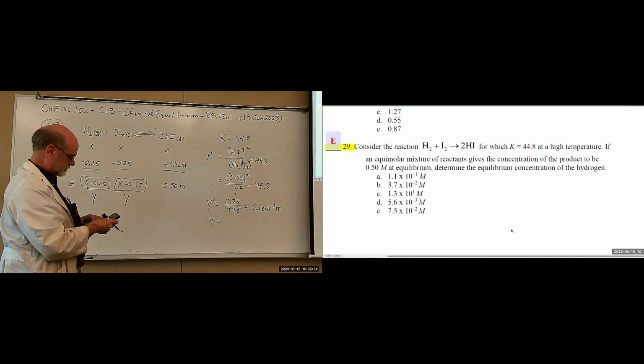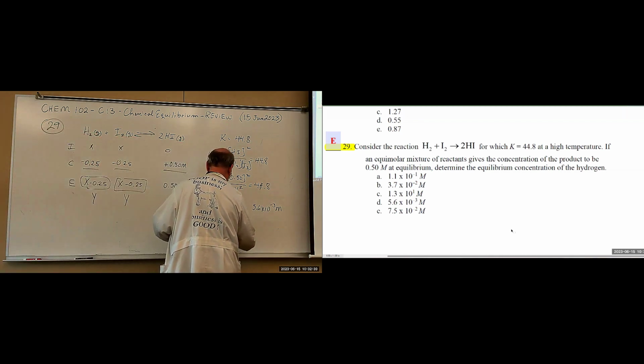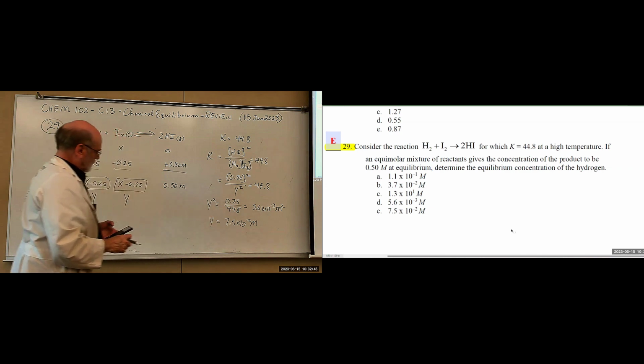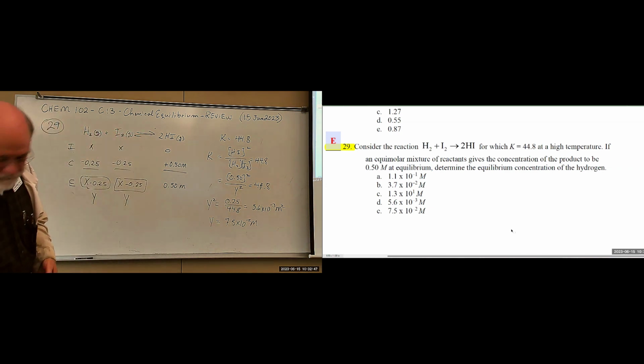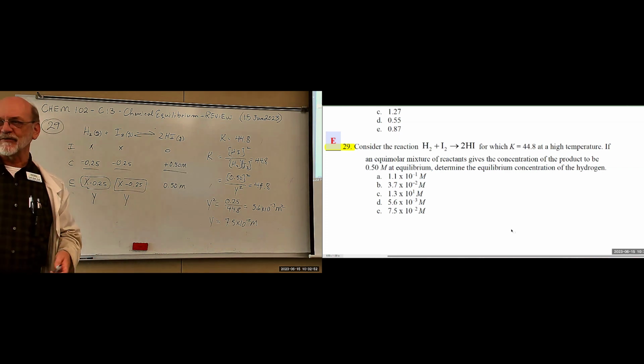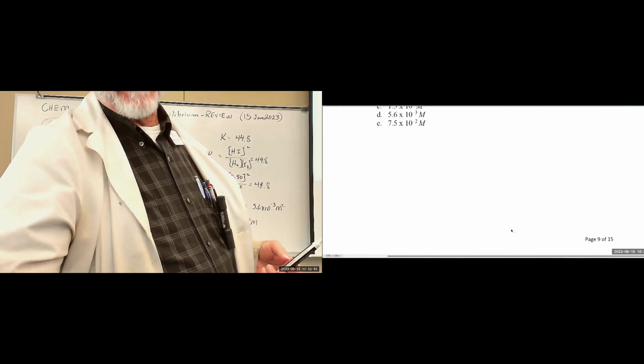So this is the square root, and there it is, 7.5 times 10 to the minus 2. Okay, live and learn, except I've done this problem a dozen times before, and it caught me that time.